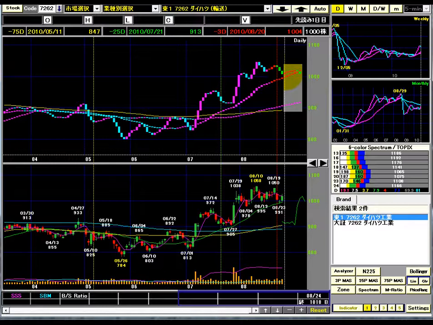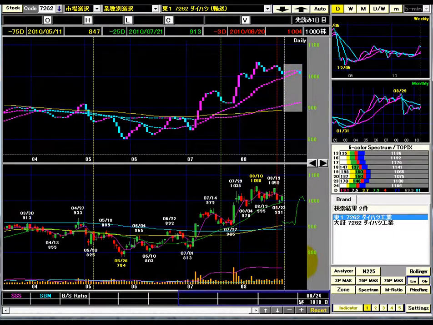Ultimately it's designed to help traders and investors, especially private retail individual investors, compete with the professionals by having some very robust tools to aid in trading and investment decision making.